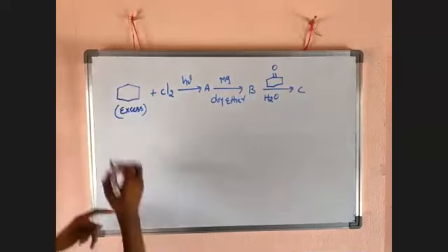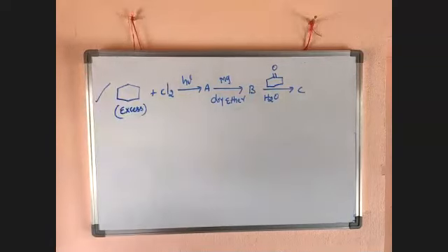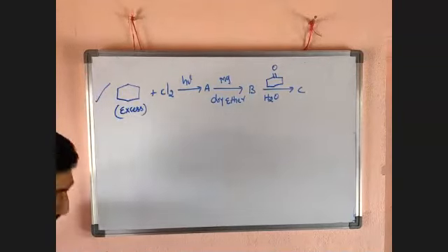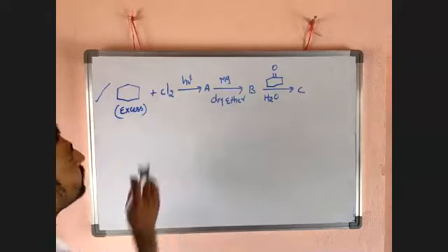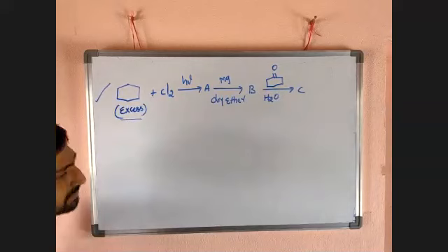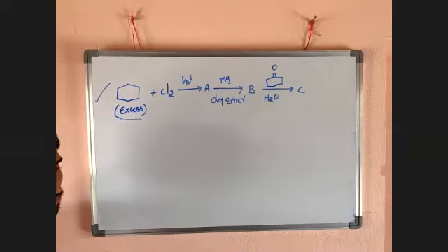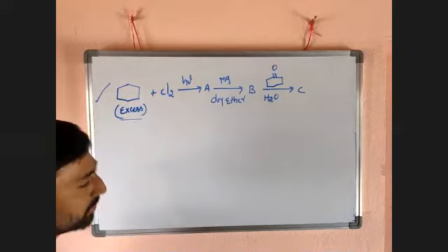Okay, it is enough. We want to find A, B, C. Look here. What's happened? It is sunlight and chlorine. Why do I want to take this? I already discussed the halogenation reaction of alkanes in the case of alkyl halide preparation.